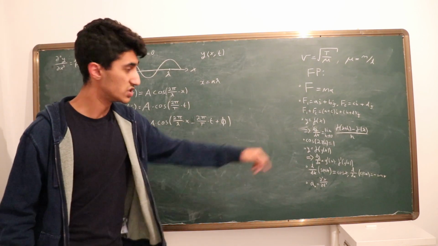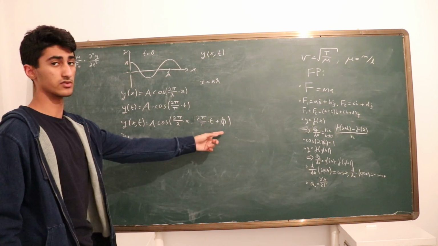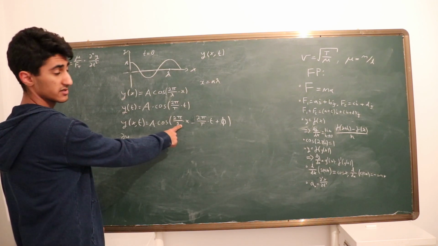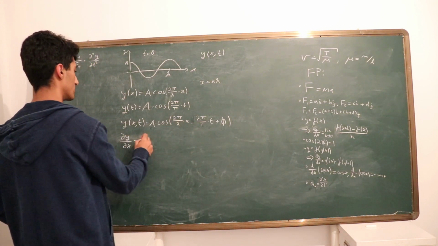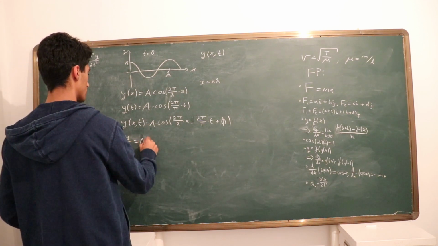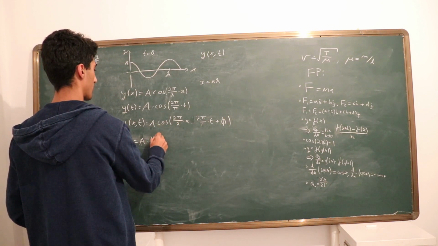So you want g prime first, in other words, the derivative of this with respect to x. This is a constant, so it goes away. The derivative of this term with respect to x is just this coefficient. So you're going to have a at the start, because you don't do anything with the constant, and this coefficient, so bring it out.